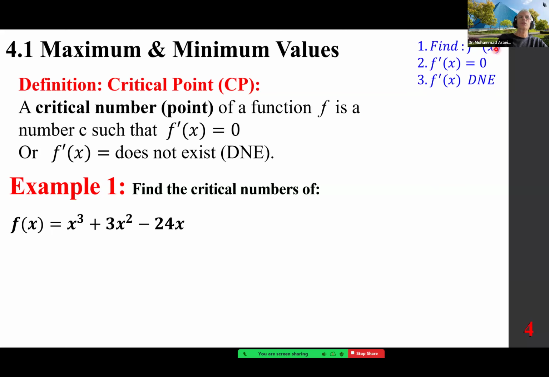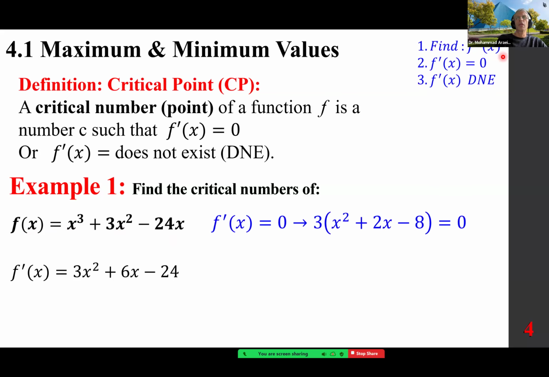First, find f prime of x. So f prime of x is 3x squared plus 6x minus 24. Number two, set f prime equal to 0 and solve. To do that, we are going to factor, which means we are going to factor out number 3 first.